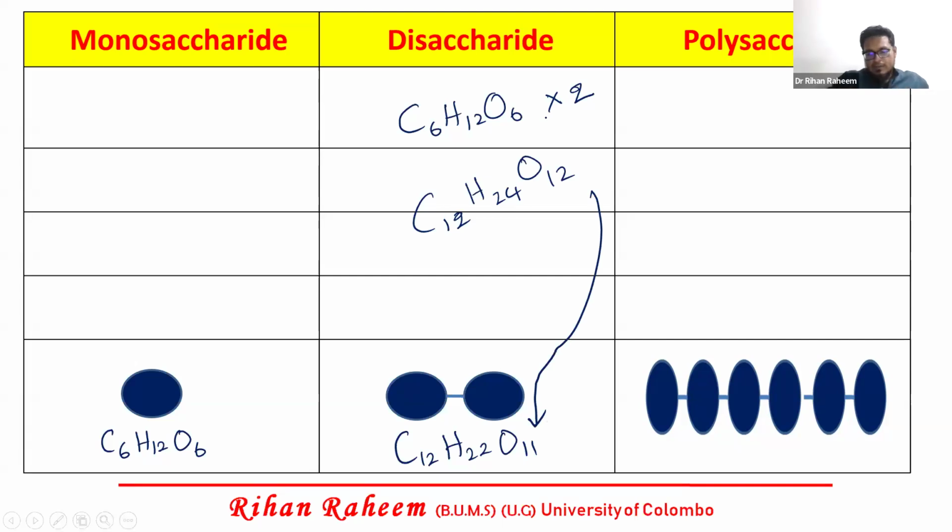Your argument is correct, no? If monosaccharide is C6H12O6, 2 of that should be C12H24O12. How did it become C12H22O11? I'll give the explanation for that.